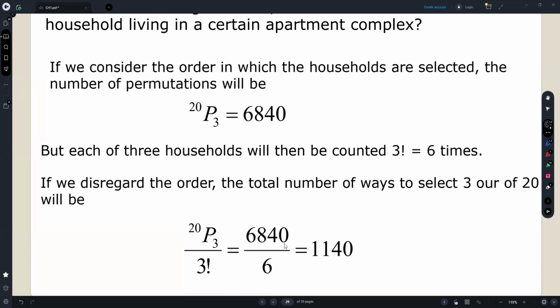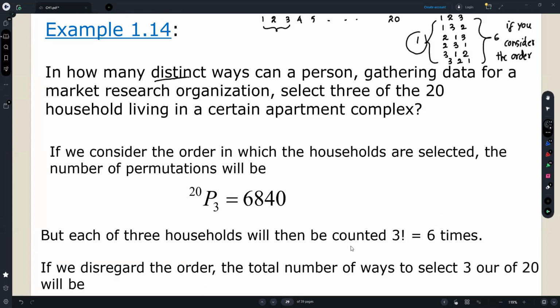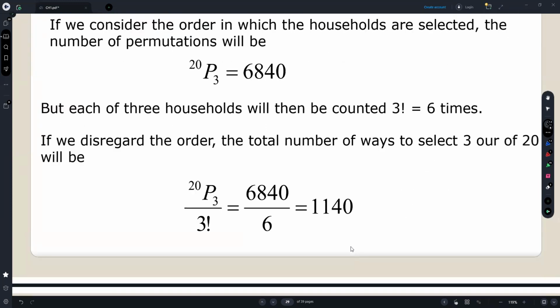So 6,840 has to be divided by 6. That will avoid the repetition of orders. Therefore, the number of possibilities that you can select 3 out of 20 without order is going to be only 1,140. Is that clear to all of you?